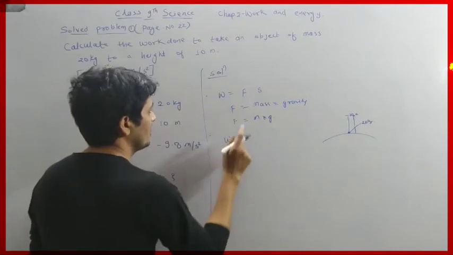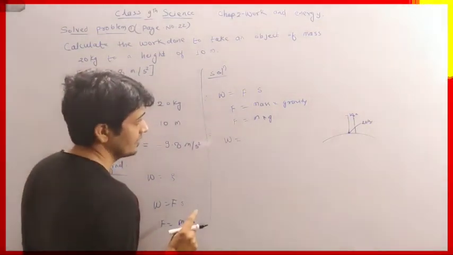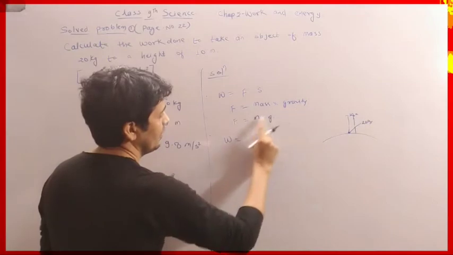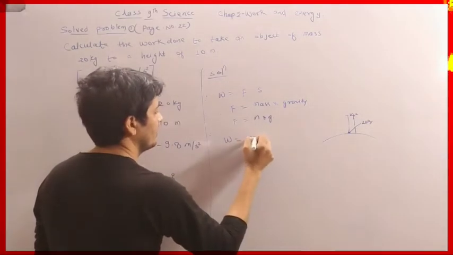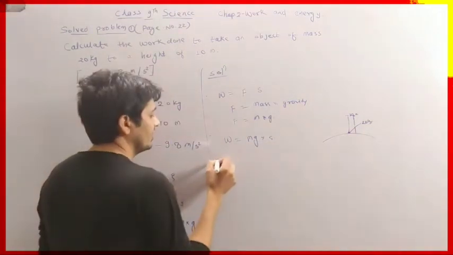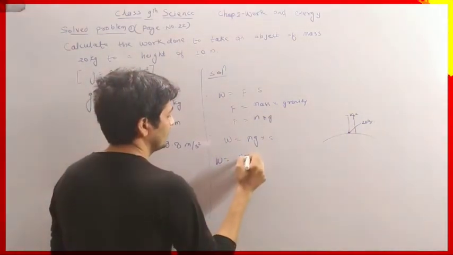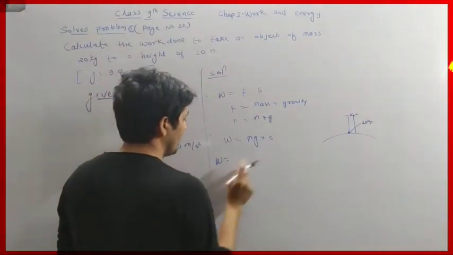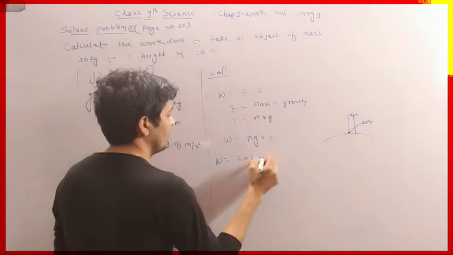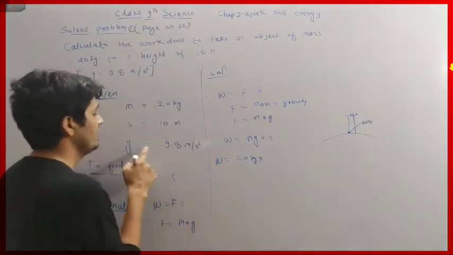W means work done. What is F? F is mass into gravity, mg. So we have to write mg into s, displacement. So W equals mass. What is mass? Mass is 20 kg. So we have to write 20 kg into gravity g, which is negative 9.8.